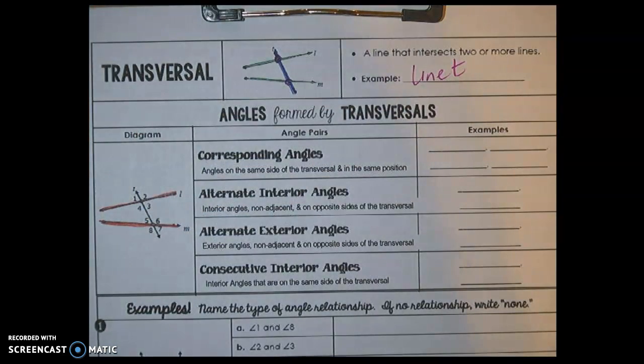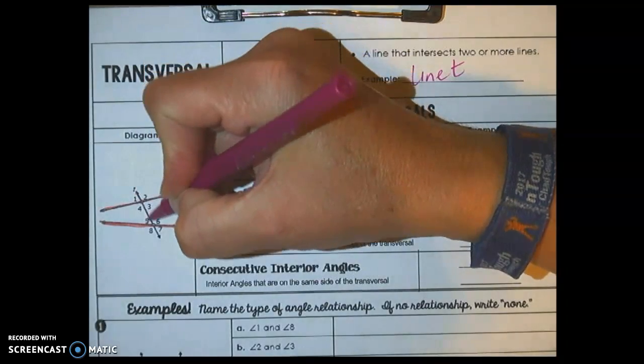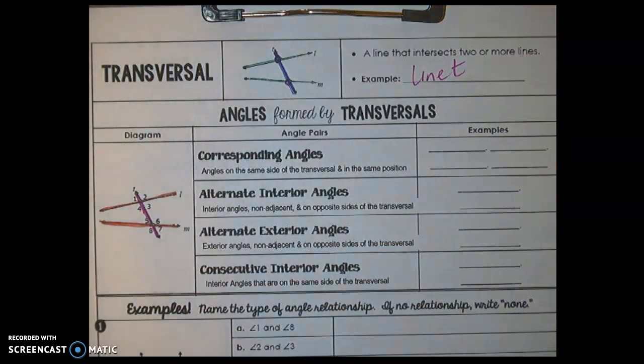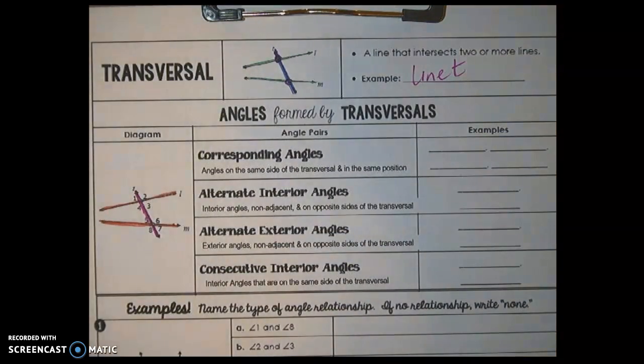Remember, our transversal is that line T right here. I'm going to color it a little bit so you can see. Hopefully it looks a little bit different to you.